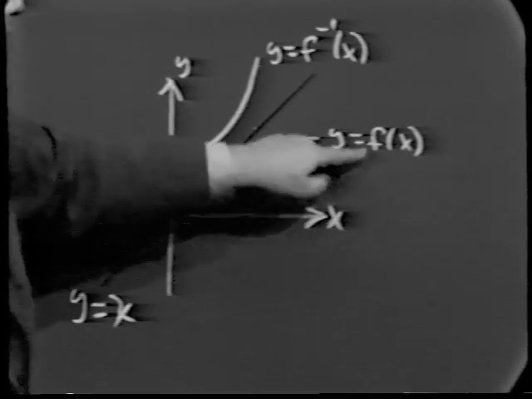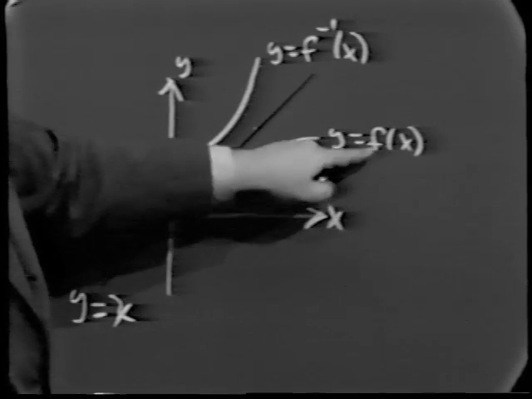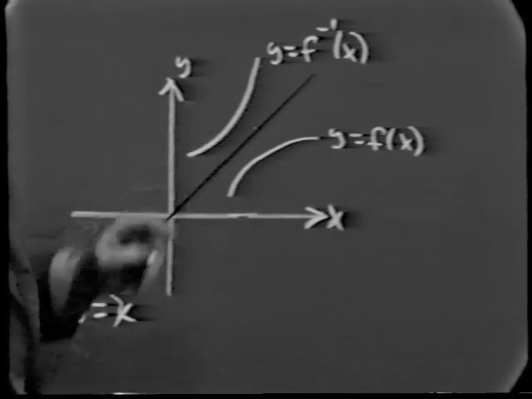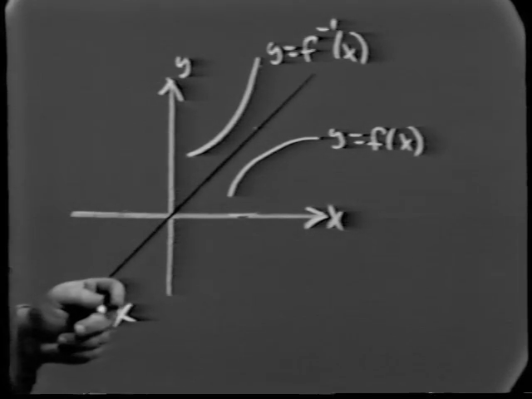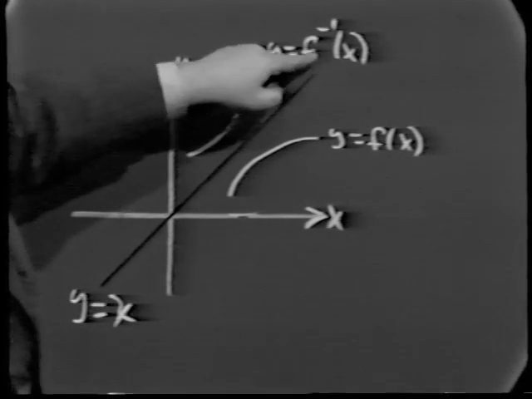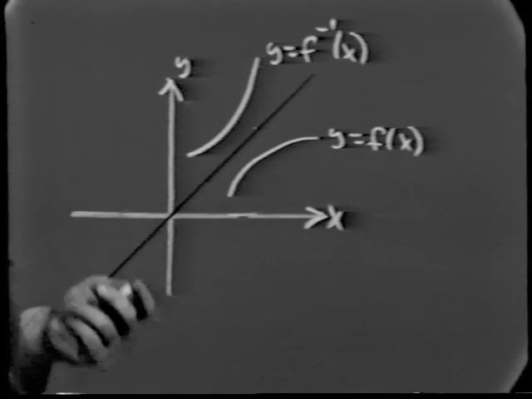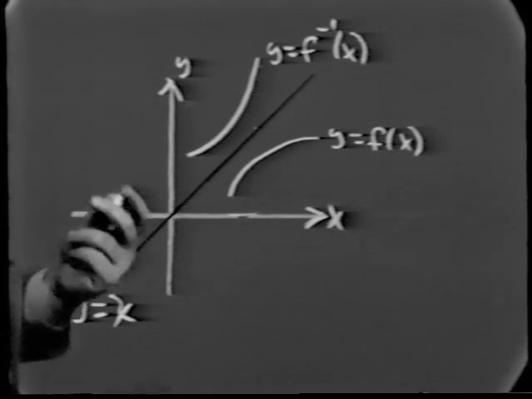By the way, just a brief aside here, notice that either one of these functions could have been called f of x, and the other one could have been called f inverse. In other words, the inverse of the inverse is the original function again.